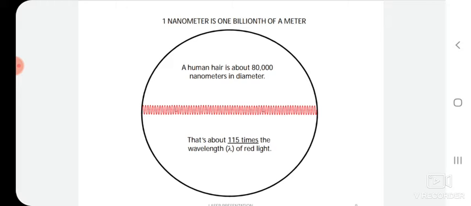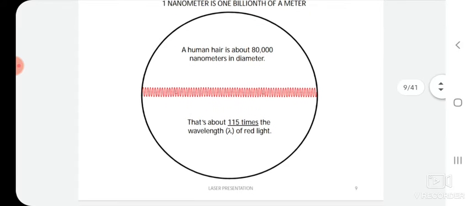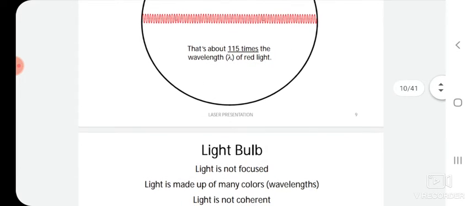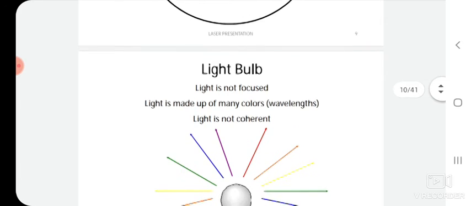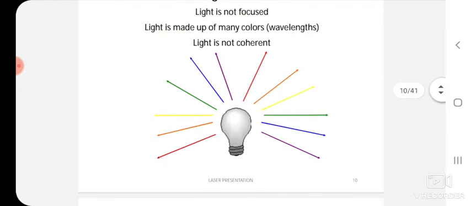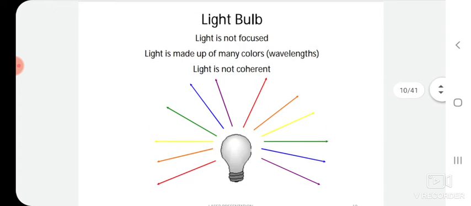The wavelength of red light is very small as compared to the diameter of a hair.